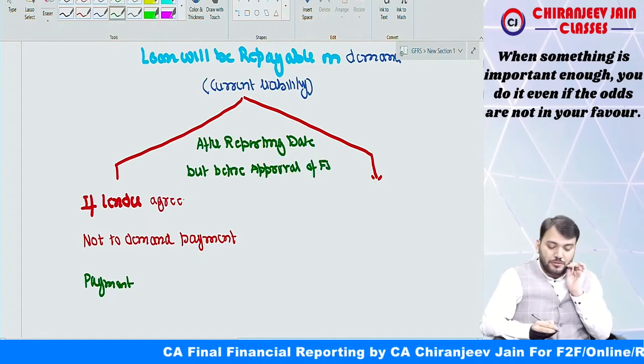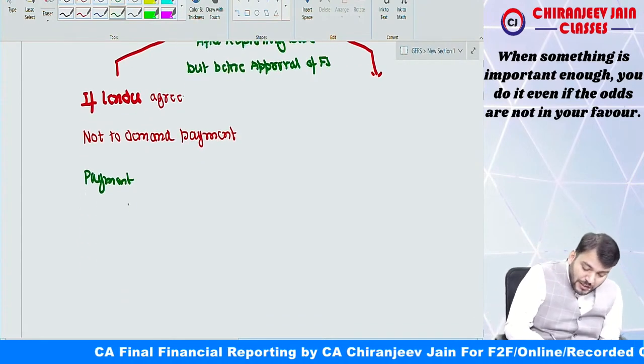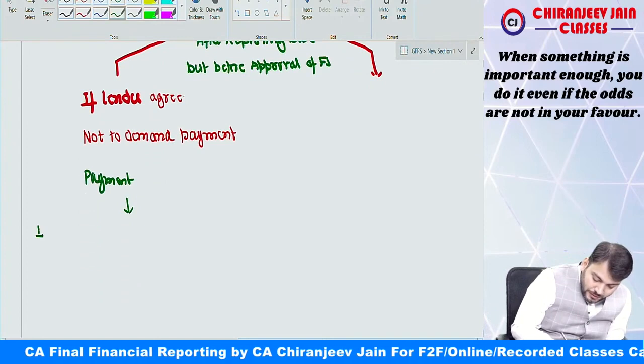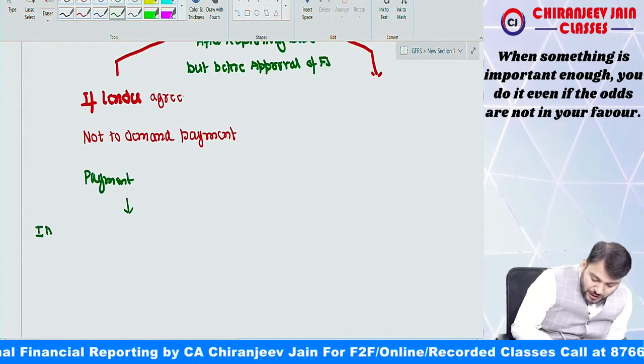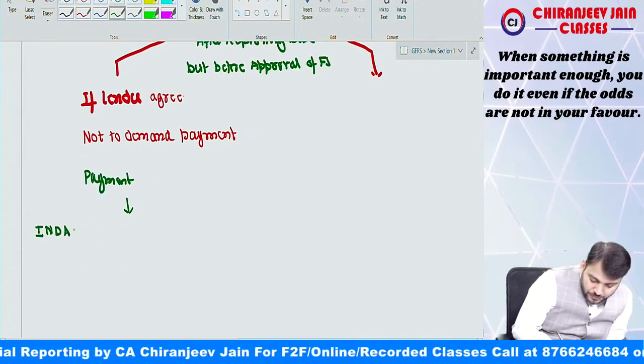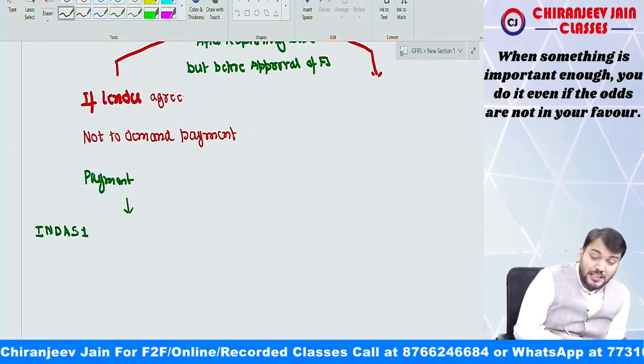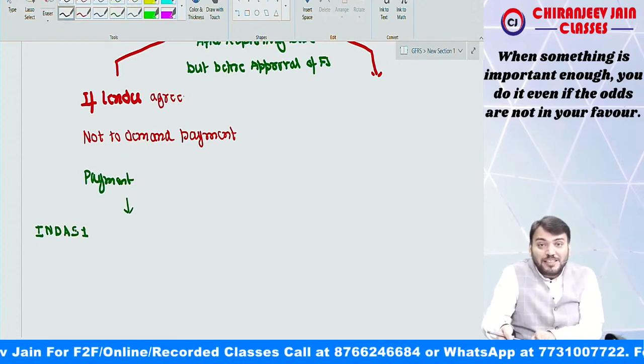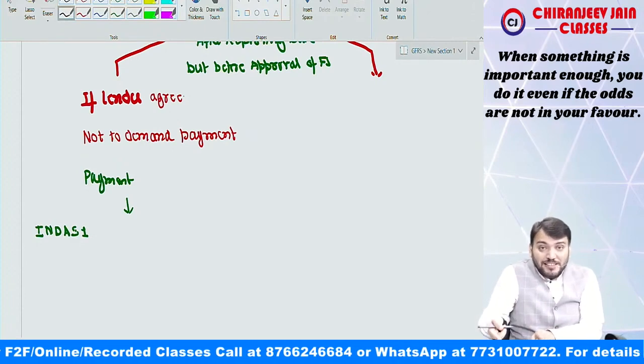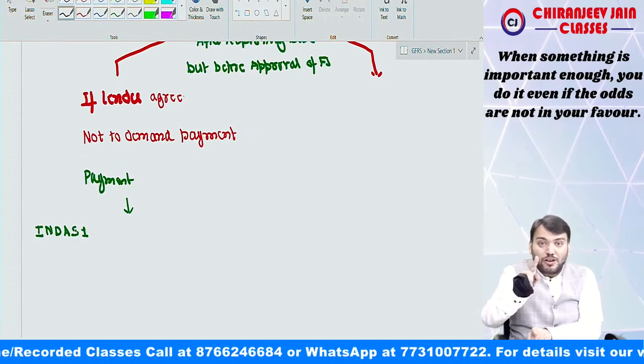Correct. Understood. Then what does Ind AS 1 say? Ind AS 1 says it will not be classified as current liability. It will not be classified as current liability means it will be classified as non-current liability.